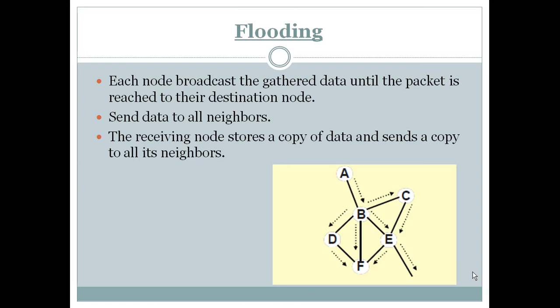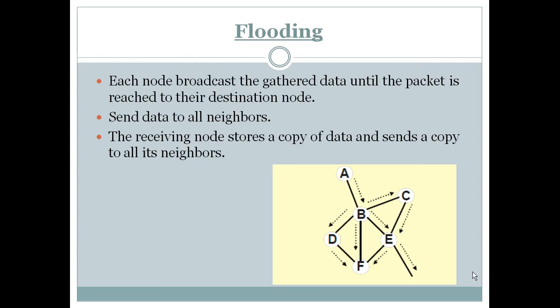Every node broadcasts the gathered data, and this forwarding and broadcasting continues until the packet has been delivered to the destination node. The data need to be broadcast to all the neighboring nodes. The receiving node stores a copy of the data and sends a copy to all its neighbors.